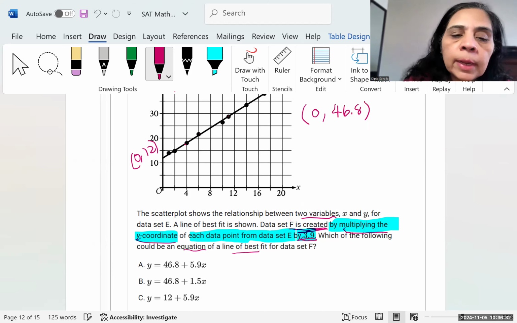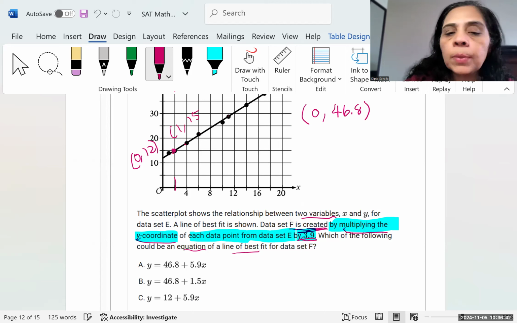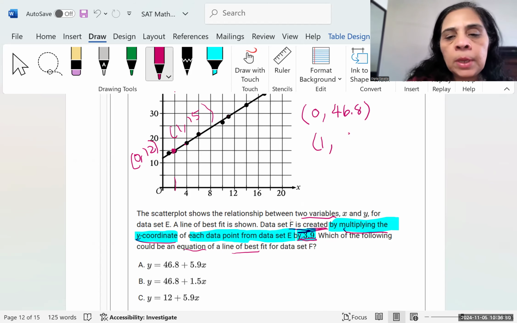All right, let's take another point. We can see here x is 1, y is 15. Now we can just multiply by 3.9. So 15 times 3.9 is 58.5.